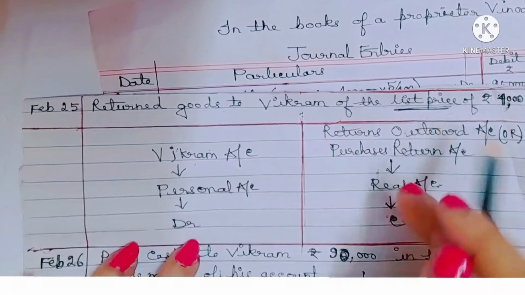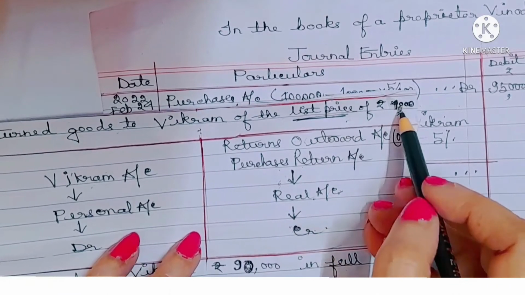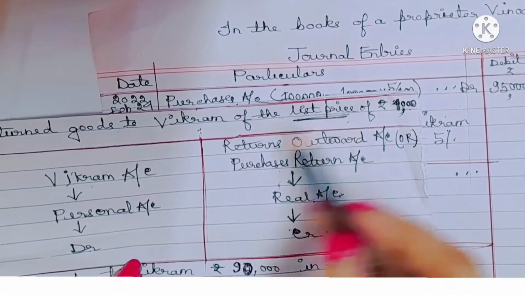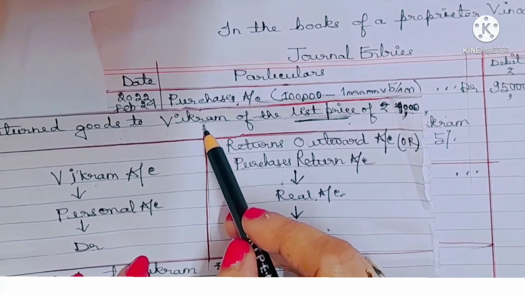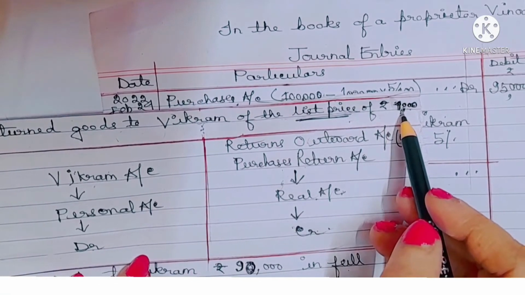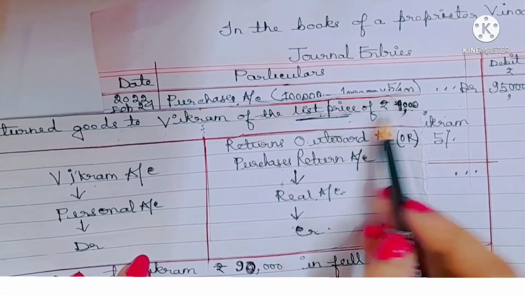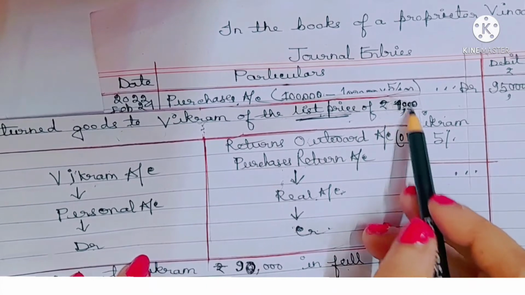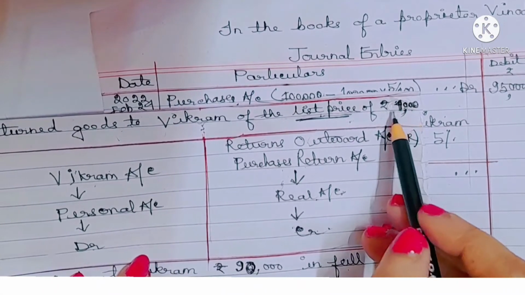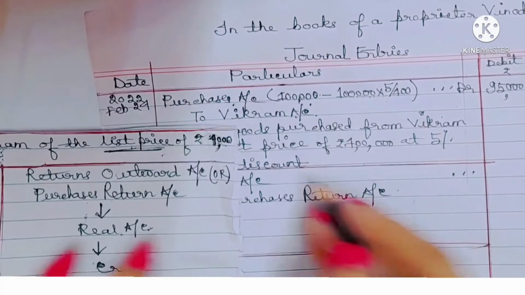Mention list price. So we have to deduct trade discount from here also. When we are returning goods to Vikram, the amount shouldn't be 4,000. We have to deduct trade discount from here also, because we have got trade discount for this amount of goods also.